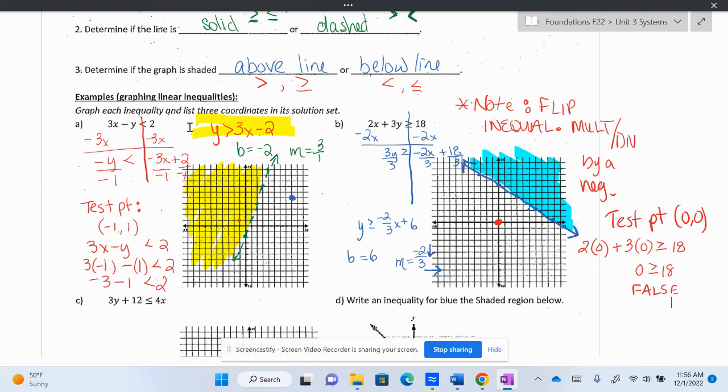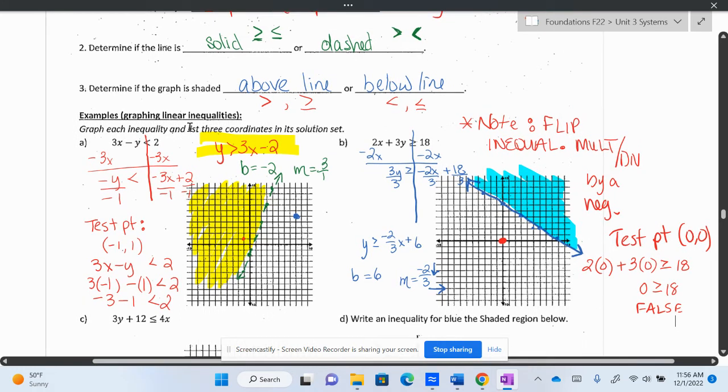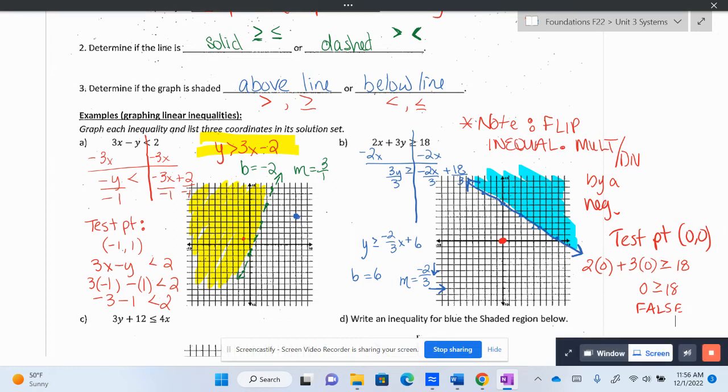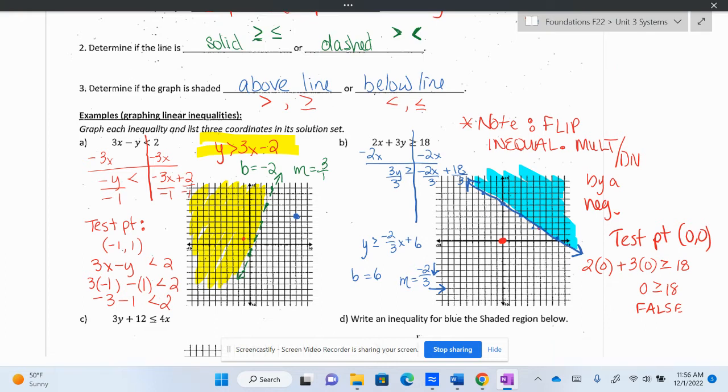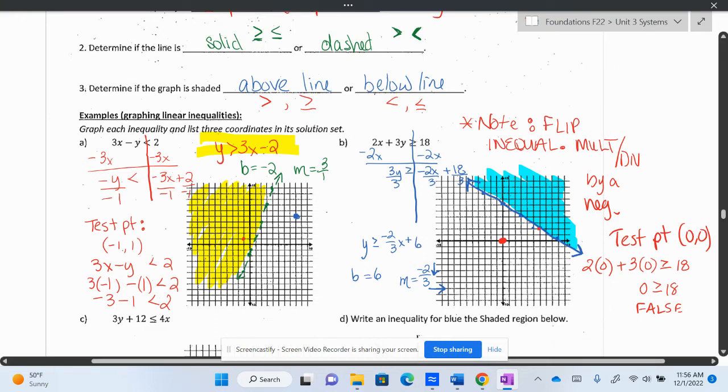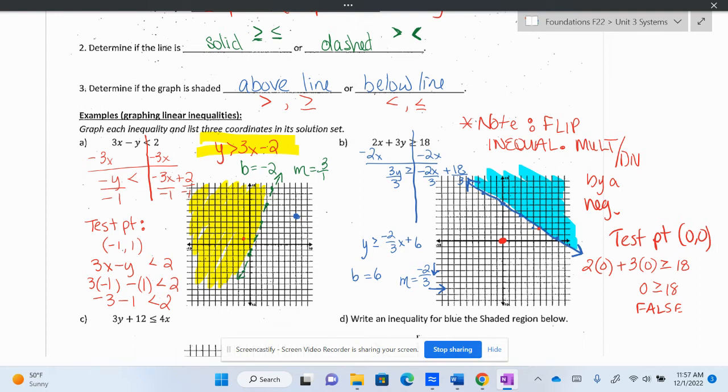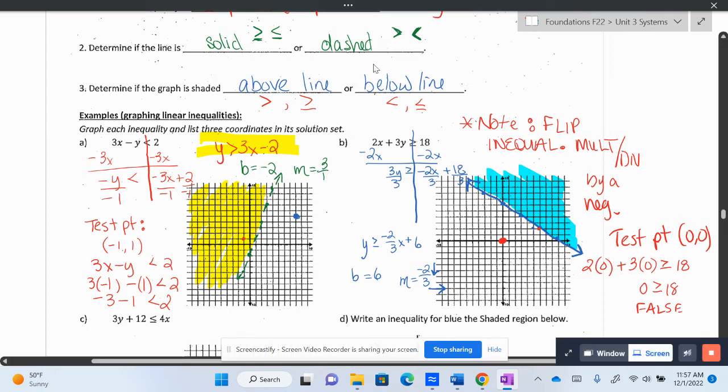I need to check. 1, 2, 3, 4, 5, 6. 1, 2. Where is it? It's right on the line. Is our line solid or dashed? Our line is solid. So that point does work because it's right on the line, and that means it includes points on the line. Great. Are we good with this? Okay.